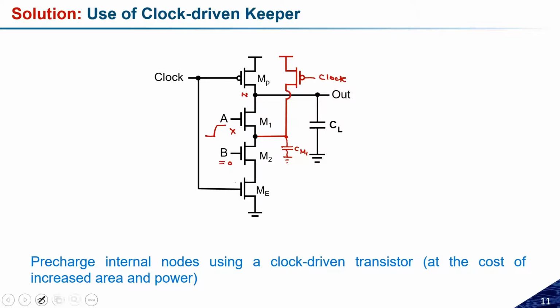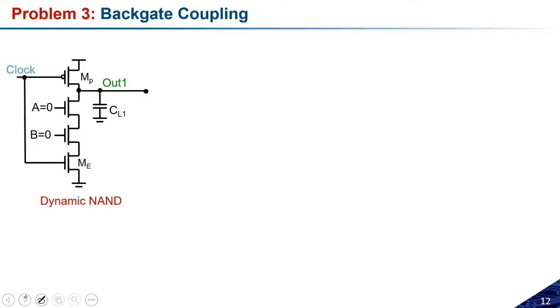Now let us go ahead with the third kind of problem, which we call backgate coupling. What is this backgate coupling? Let us try to understand. Suppose I have a dynamic 2-input NAND gate, designed based on dynamic logic circuits, and I have kept A and B both equal to 0.